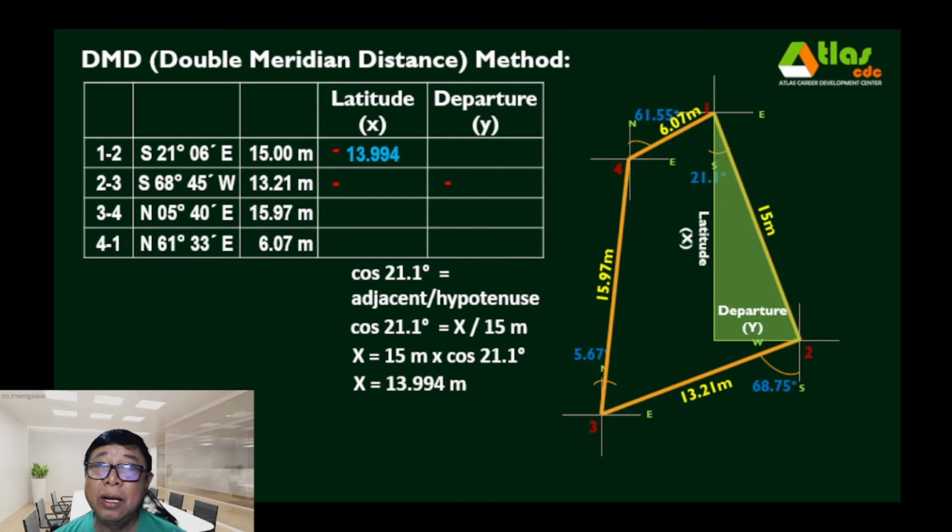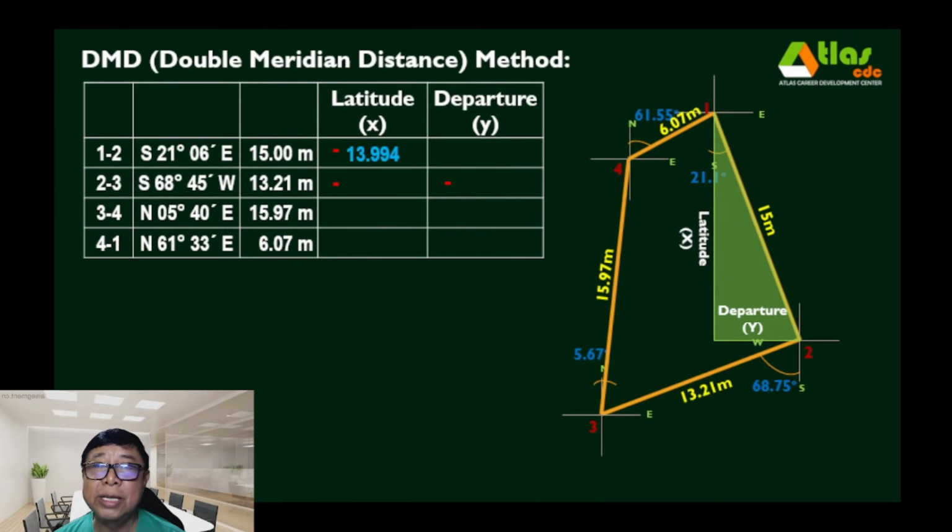And then for the departure, we'll do the same. We can get the Y, or the departure, which is the opposite of the angle of 21.1 degrees. So we can make use of the sine. Sine of 21.1 degrees will be your opposite, or your departure, divided by the hypotenuse of 15 meters.